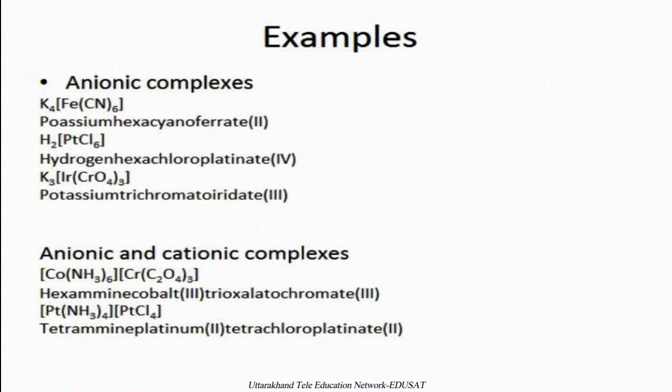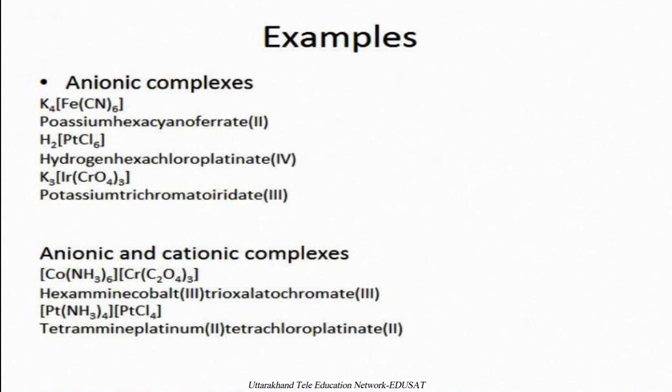In this anionic complex, first we name the ligand, that is hexacyano, followed by the ferrous, which should be named as ferrate, meaning potassium hexacyanoferrate. Then its oxidation state, that is 2.